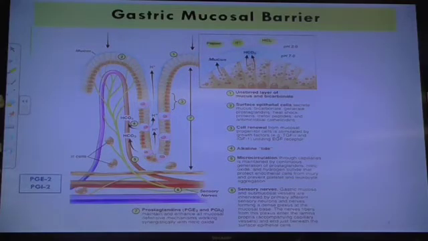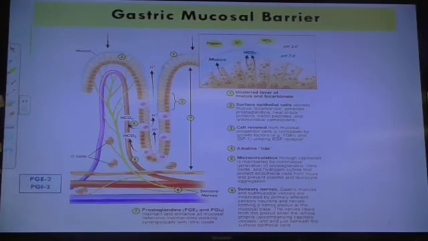Like the first one, they have the mucus layer. That mucus layer is going to prevent damage from the acid and from the digestive juice. And the second one is the surface epithelial cell. It's lined up nicely.